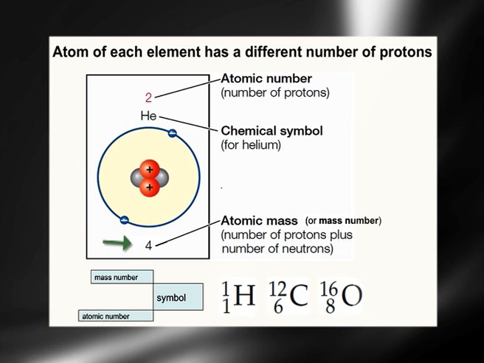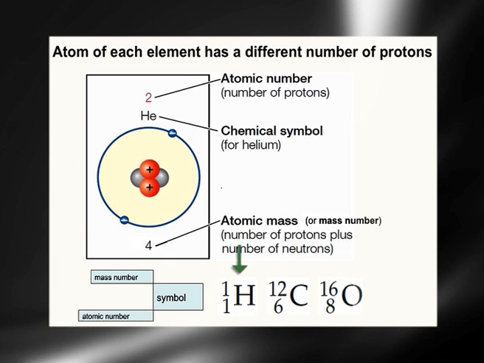In helium there are 2 protons and 2 neutrons in the nucleus, so the mass number is 2 plus 2, or 4. Now this is the typical symbolic representation of an element. You write the symbol of the element, and in the left superscript you write the mass number, and in the bottom subscript you write the atomic number.